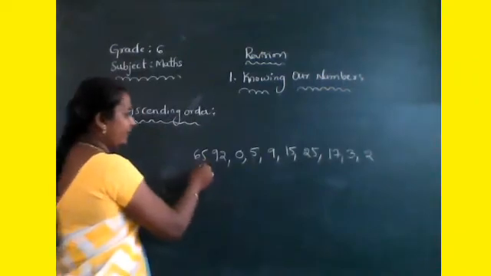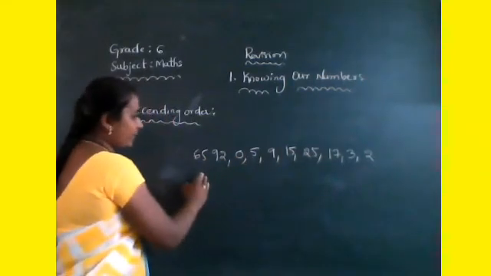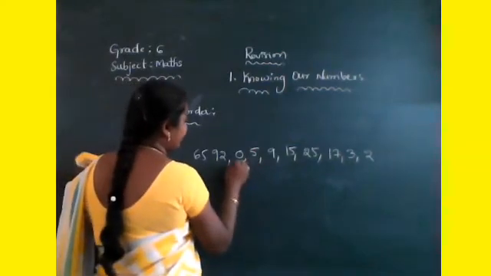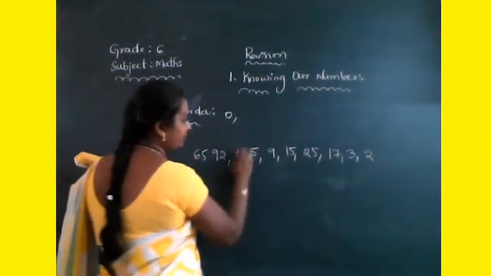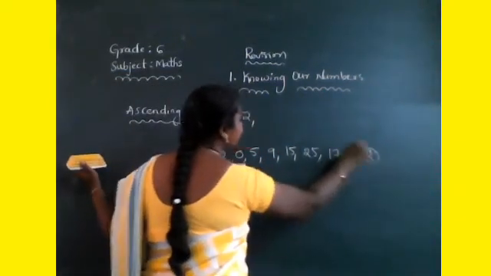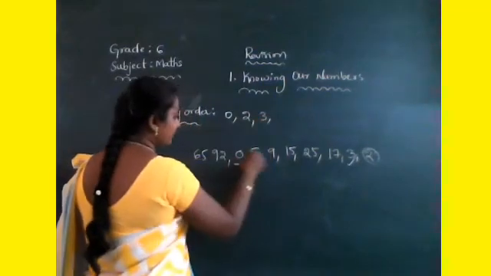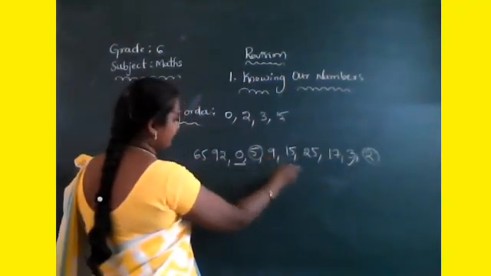So arrange now smaller to bigger number. Which is the smallest number here? Yes, 0. Next 2, next 3, 5.